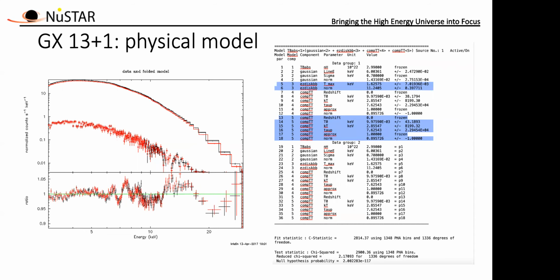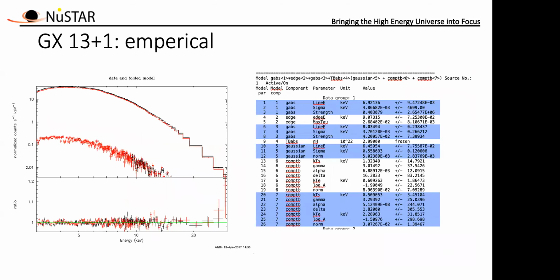You can remove them, but in lieu of that, the reason why I hit it with an empirical model, which does not tell you anything physically but does straighten it out, is because I had to do the dust scattering halo, and I didn't want to have all that feature there. So I had to just flatten it out, and I did that with the different Gaussian absorptions and edges just to remove the features that were left.